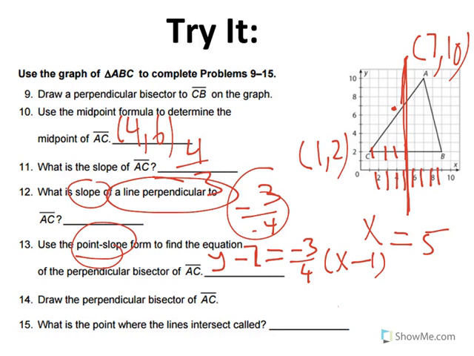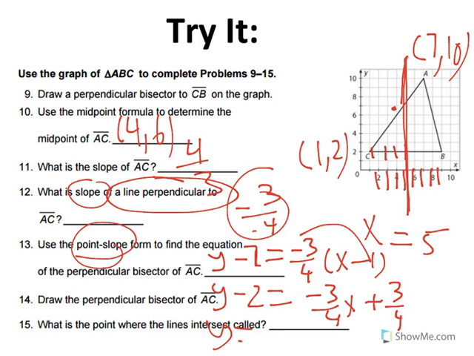So then we can work this out. So y minus 2 equal to negative 3 over 4x, and negative times negative would be a positive 3 over 4. And to solve for it, y equal to negative 3 over 4x plus 3 over 4 plus 2.